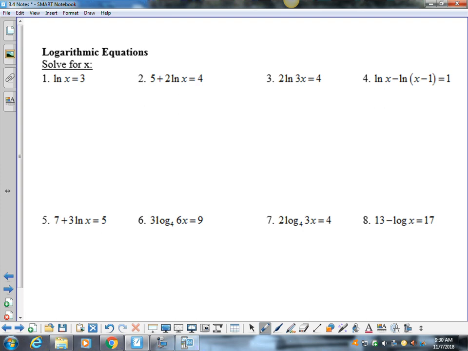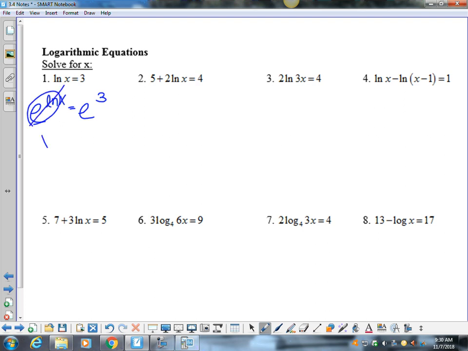Now watch what I'm talking about. e to the ln of x equals e to the third. I've just taken that problem and jacked it up into the power of an e. Well, guys, if exponentials and logs are inverses of each other, what happens right here?